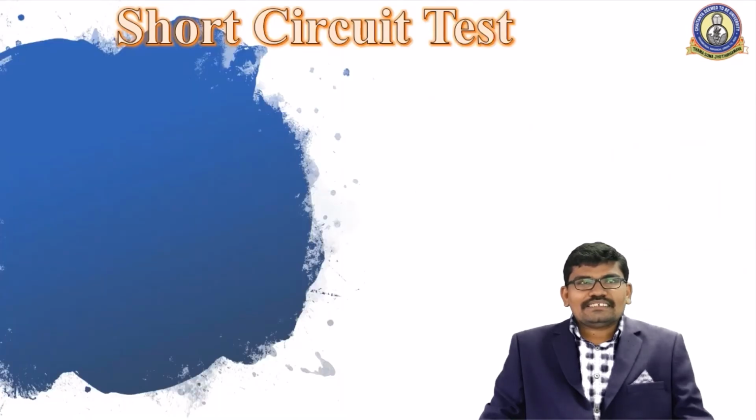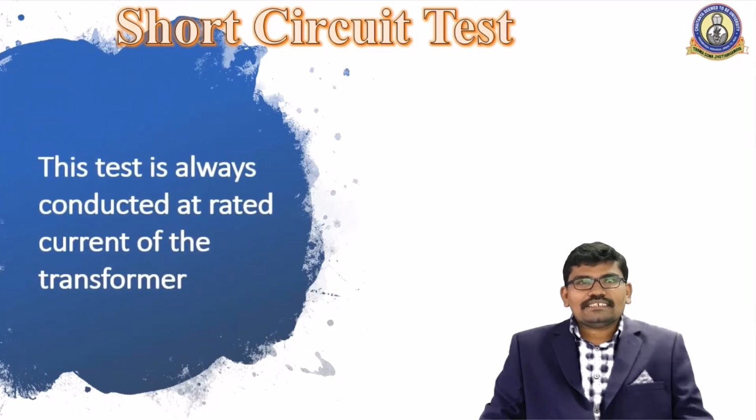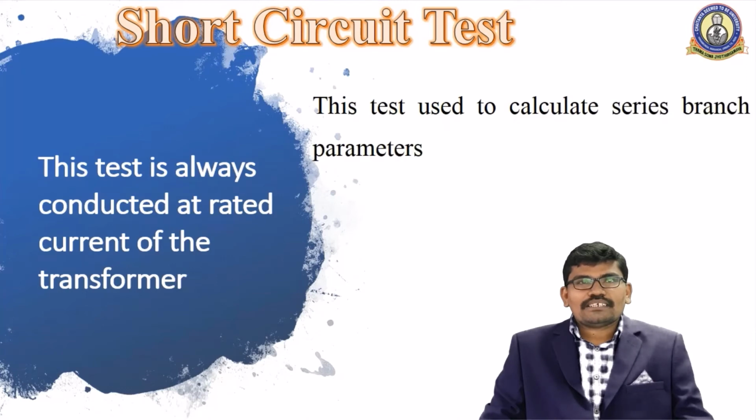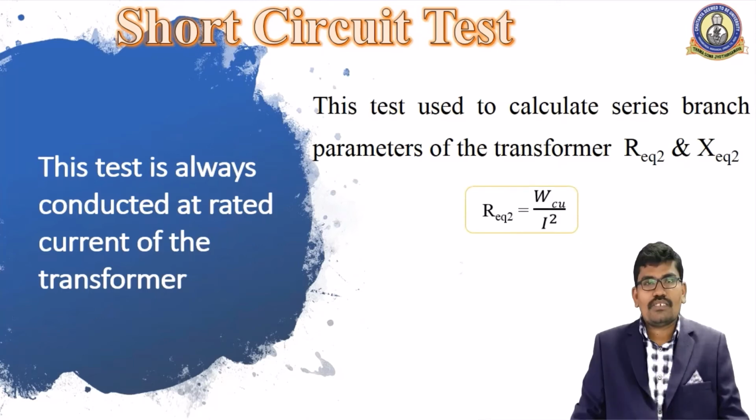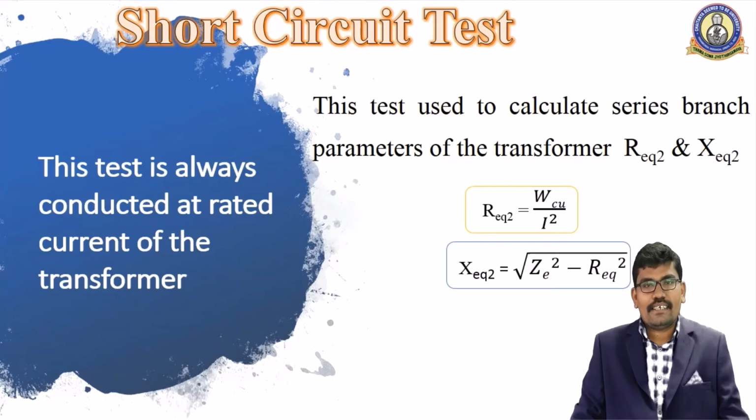This test is conducted at the rated current of the transformer, and it is used to measure the series branch parameters like the equivalent resistance and equivalent reactance of the transformer. Mathematically, R equivalent is the ratio of copper loss to the square of the short circuit current, where the short circuit current is the rated current.